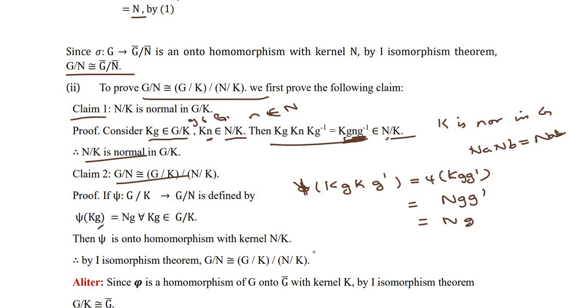We have NgNg prime. And this is nothing but psi of Kg into psi of Kg prime. So you have psi to be a homomorphism. And onto, that's very obvious. We need the existence of g alone, that is assured here. So we can have Kg to be the pre-image.